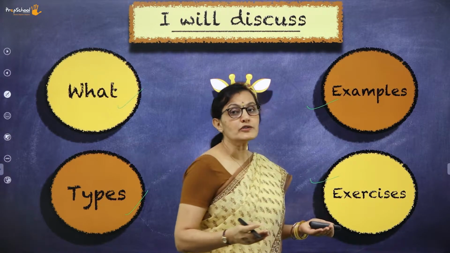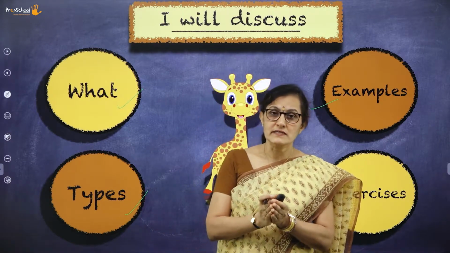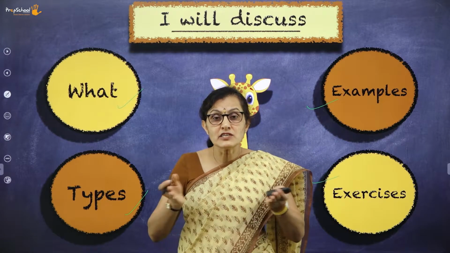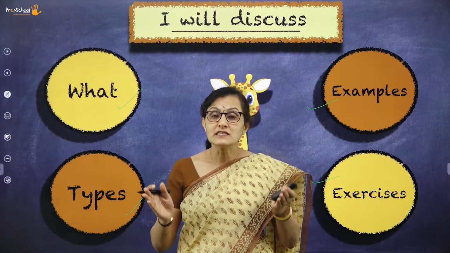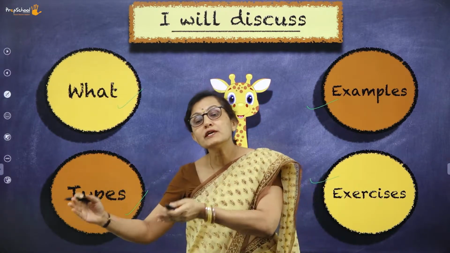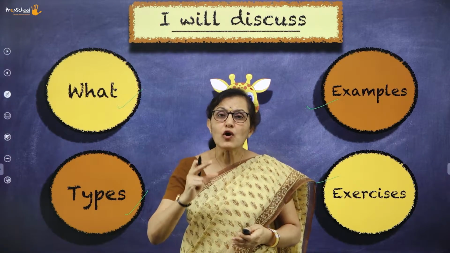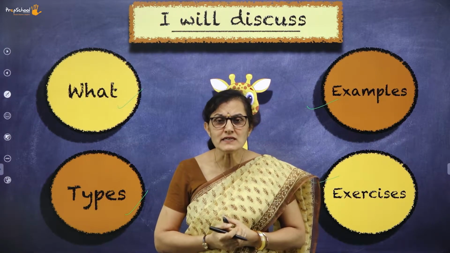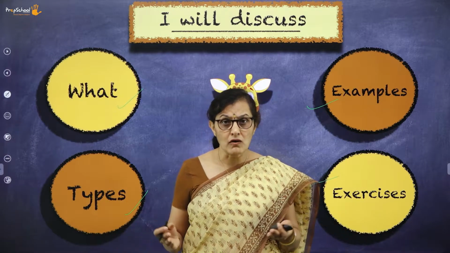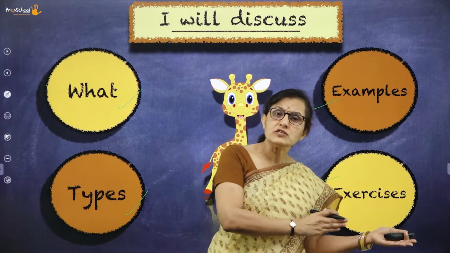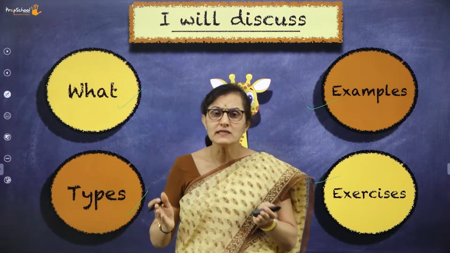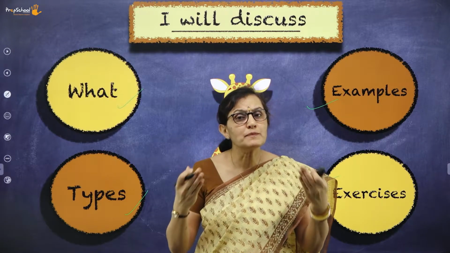When I talk about what tenses are, what comes to your mind? If I say, the teacher is standing here, the teacher was standing here, the teacher is going to stand here, you're talking about some action, isn't it? Or if I say, the teacher is teaching, or the teacher was teaching, or the teacher is going to teach. Once again, what do you observe?